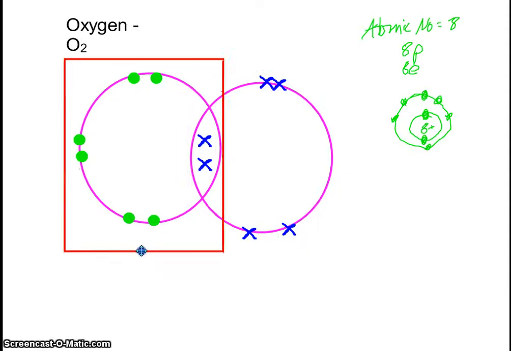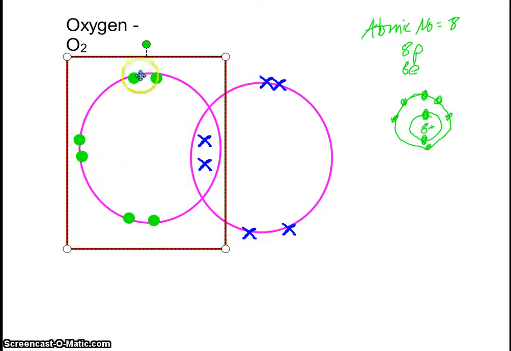But this one over here, he's got 1, 2, 3, 4, 5, 6, 7, 8 electrons in its outside now. So it's very happy, but this one's not. So this one says, oh, I need 2 as well. So it shares 2. It's still got 8.